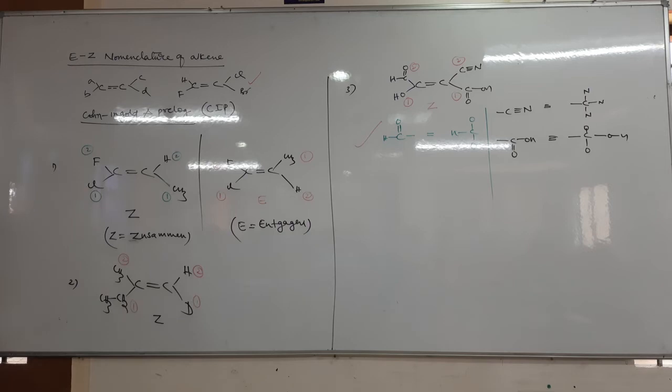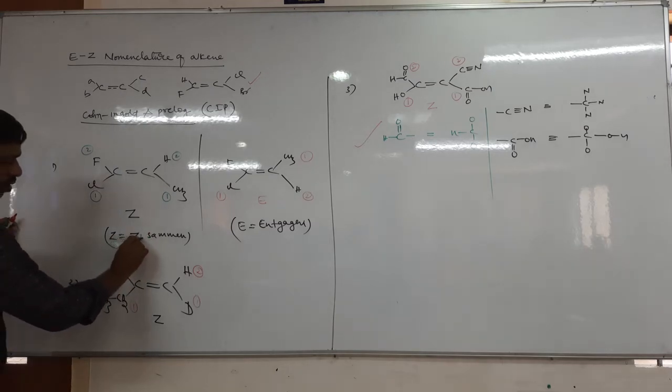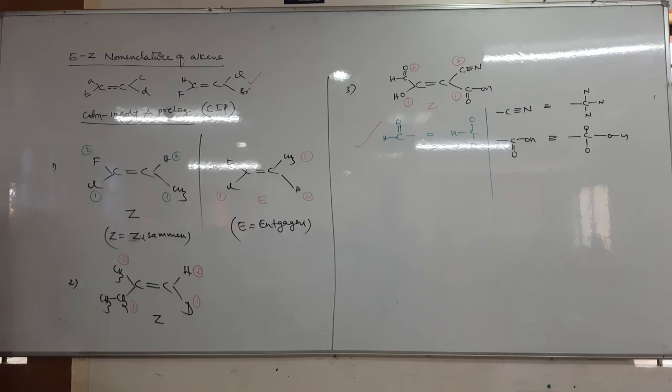If the same priority groups are present on the opposite side of the double bond, it is called E isomer, Entgegen. Okay, so take 1, 2, 3 examples.